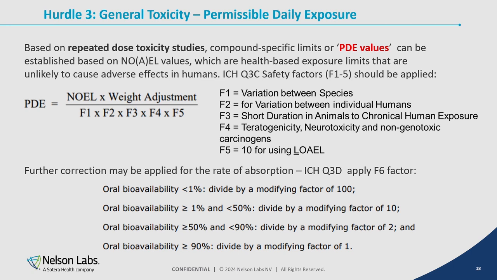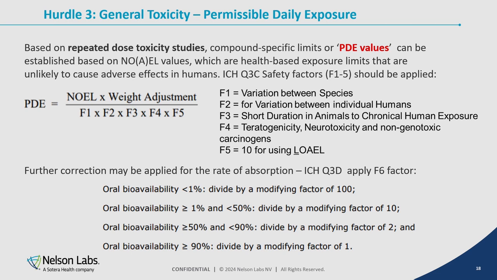Also, for the point of departure, sometimes you don't have a no adverse effect level, but only the lowest observed effect level. Then you have to divide at least again by 10. So then you come up with a very conservative PDE.